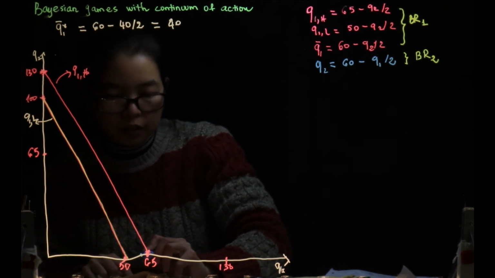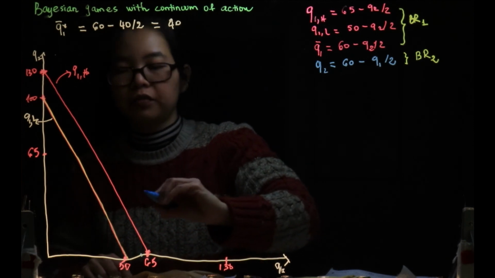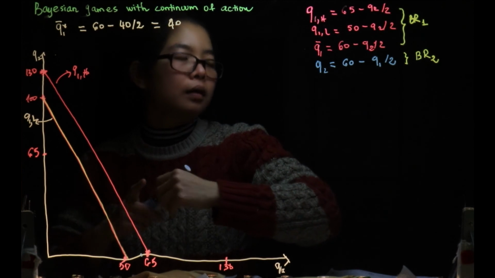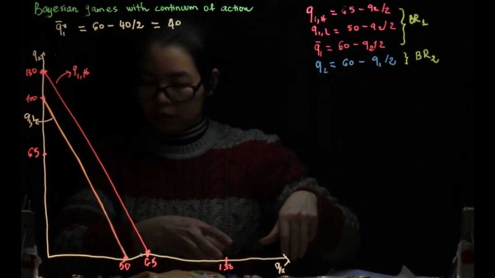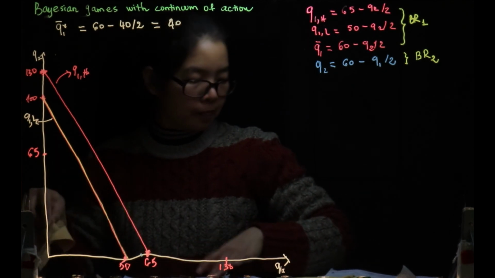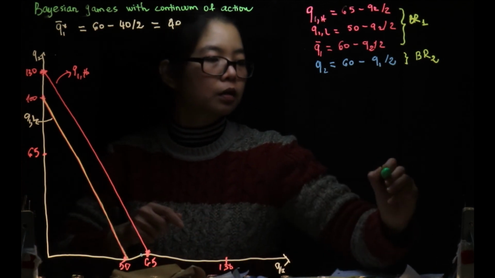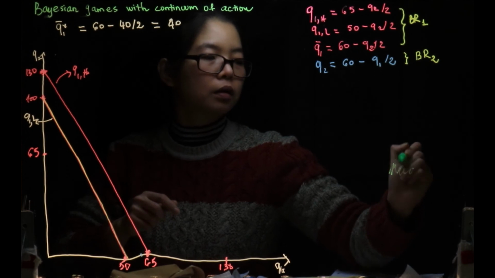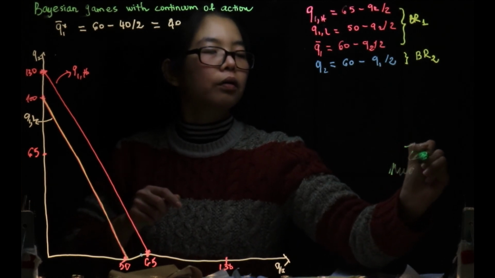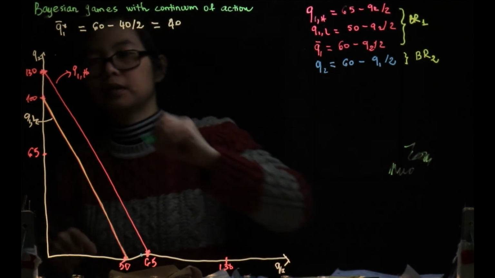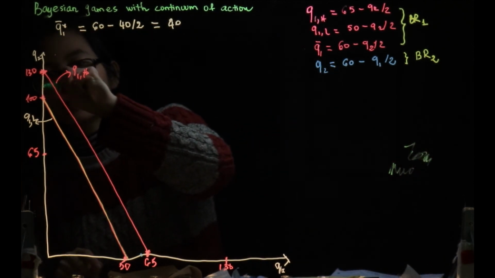Not in the middle, right? Must be closer to 65. Makes sense? And then I shouldn't use this one, but another one. Let's use this one. Okay, 60 and 120.